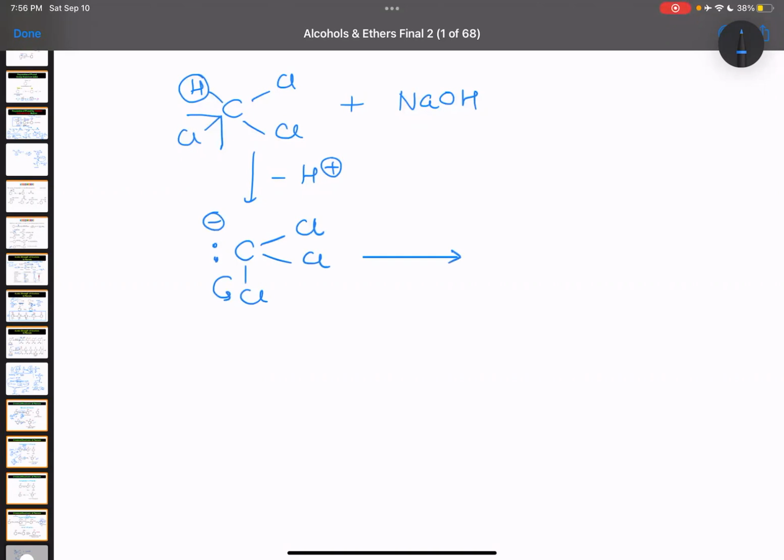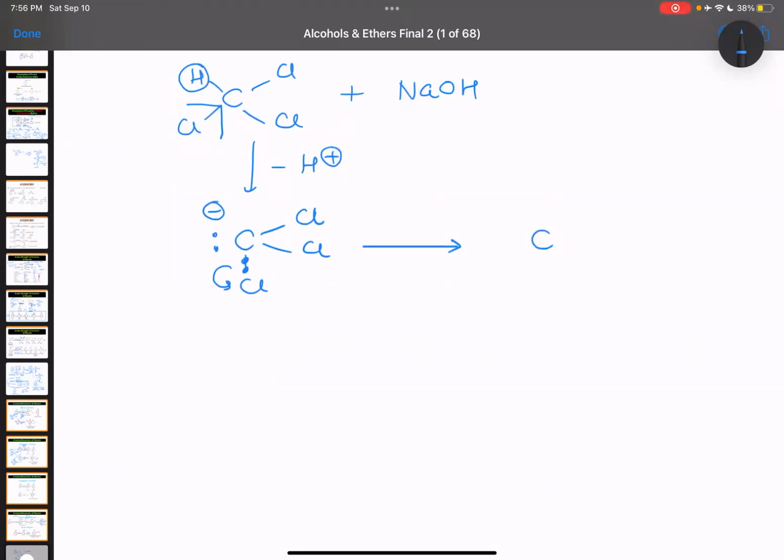So the Cl will take away the electron pair through which it is connected to the carbon, because it is electronegative. You will have a plus charge, but already there was a minus charge. Minus and plus will neutralize one another, and you will have this kind of thing. So minus Cl minus, and this is the intermediate.